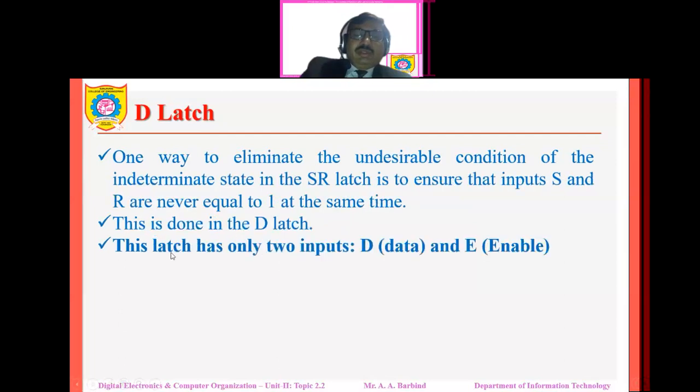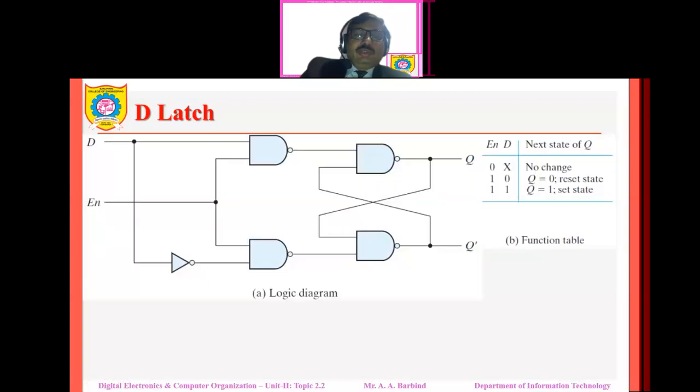This D latch has only two inputs, that is data or D input, and enable, that is E input. So you can see here that there is only one input, that is D, and the same input is inverted and is given to this particular NAND gate, and there is another input, that is EN, that is enable input.